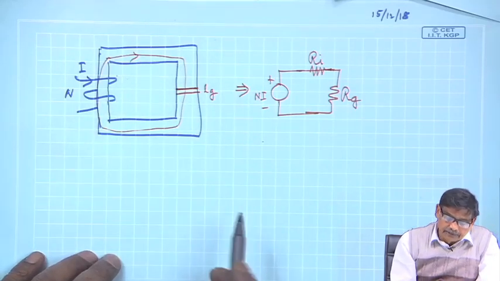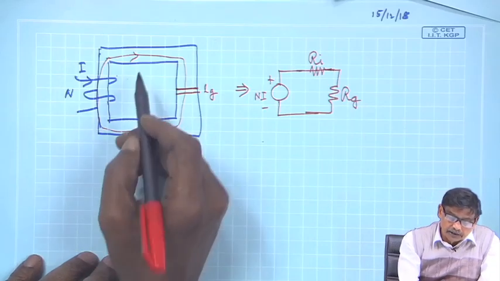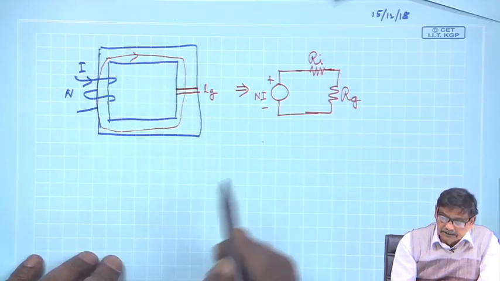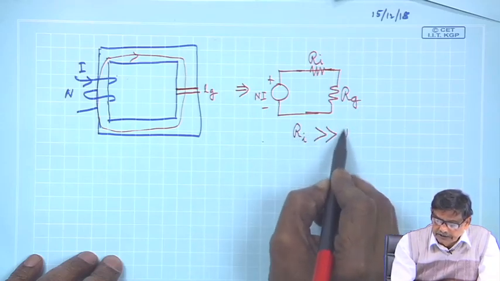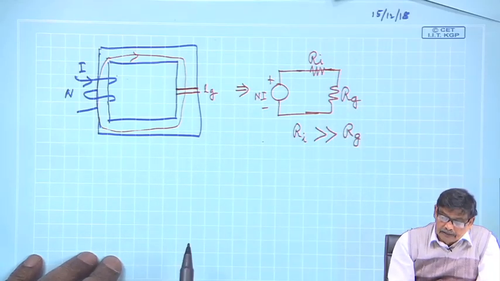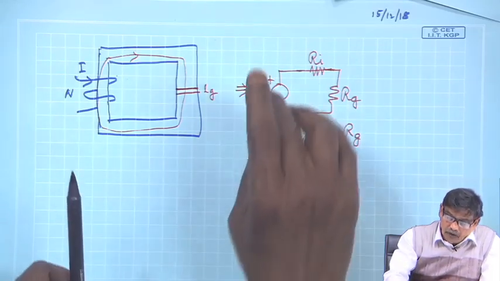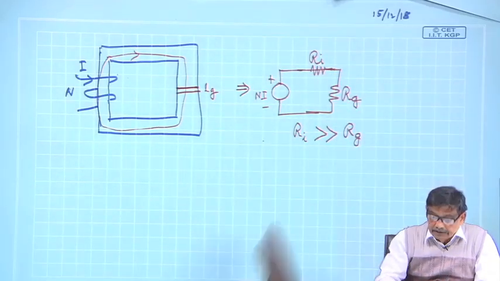Now, the implication of mu r of iron being very large means the reluctance of iron is much higher than that of the gap, no, much lower. Therefore, all the MMF will be dropped across the air gap under such a condition.